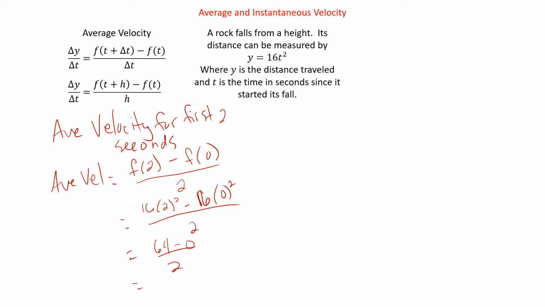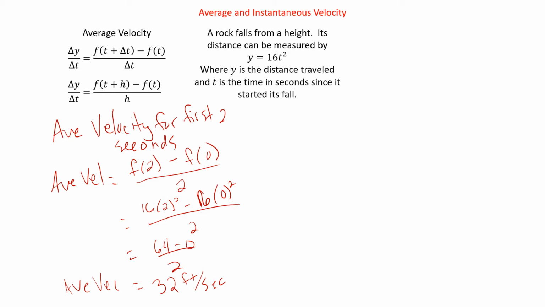And then 64 divided by 2 is 32 feet per second is the average velocity as the rock is falling for the first 2 seconds. Now the rock starts out not moving at all, and then it speeds up. So it's going to start out slower and end up faster, but the average velocity is 32 feet per second.